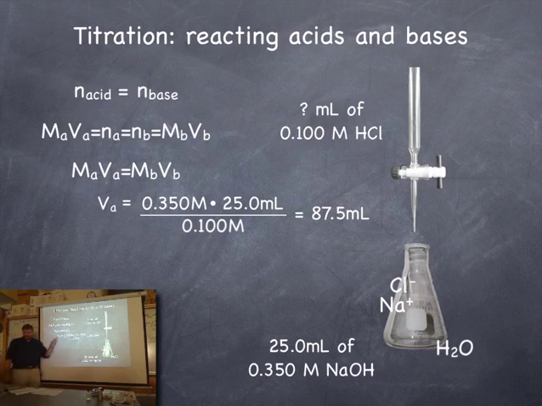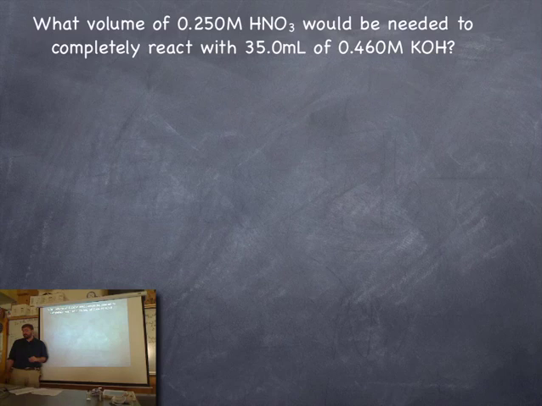So, let's do a quick practice problem. Same basic question as what we were just asking. What volume of 0.25 molar HNO3 would be needed to react with 35 milliliters of 0.46 molar potassium hydroxide?